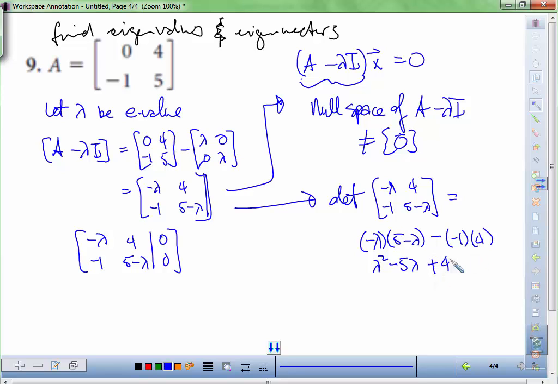So if we set this equal to 0, then we're guaranteed to have our null space be not just the 0 space, but something else. And can we factor this? We can factor this, right? 4 and 1, negative 4, negative 1.